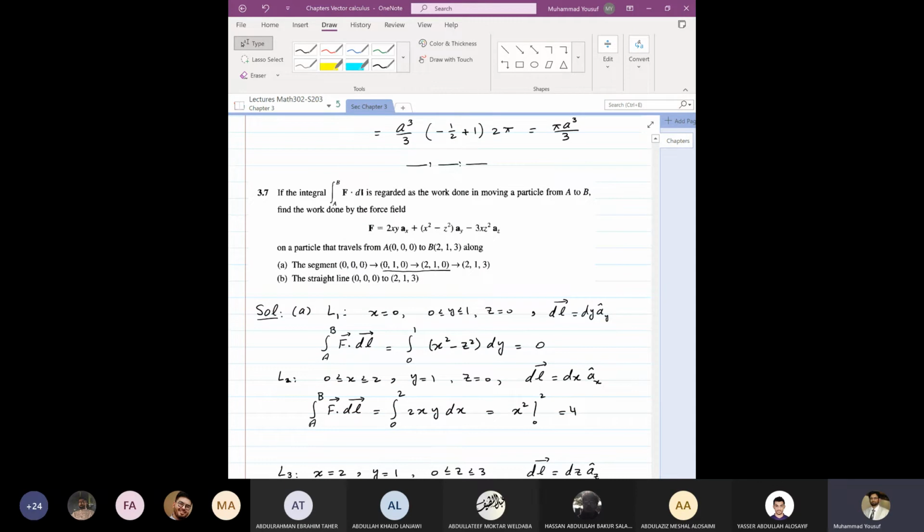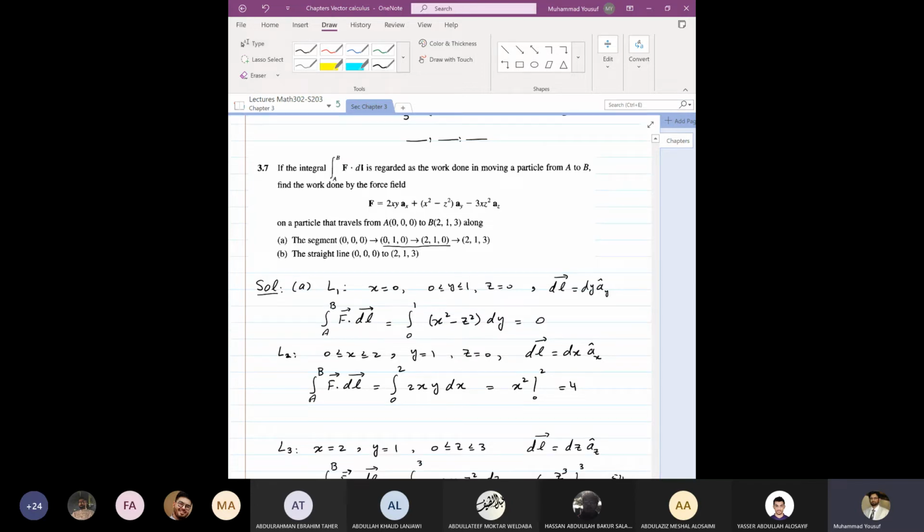Are you seeing, Shabab? Okay, we did part A, but here I didn't do part B. Part B is the straight line directly from 0, 0, 0 to 2, 1, 3.